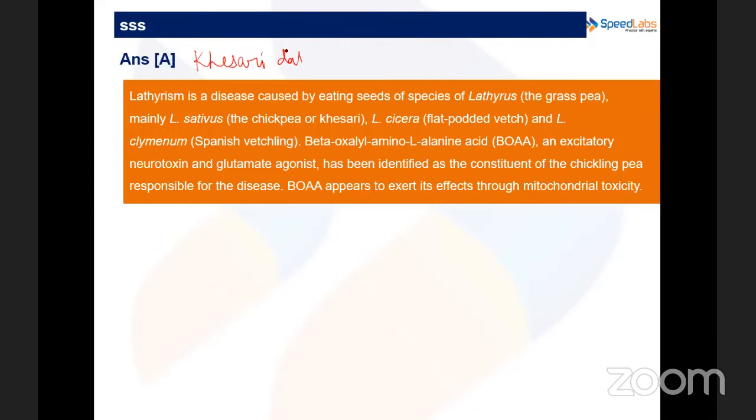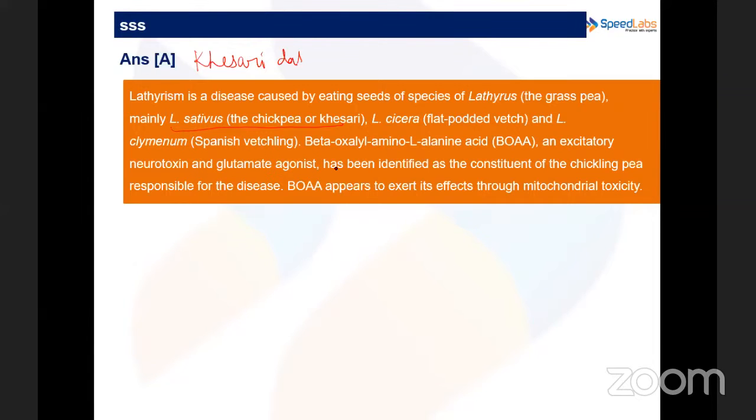How? Let's see. Lathyrism is caused by eating seeds of species of Lathyrus. What is Lathyrus? It is the grass pea. The name is Lathyrus sativus, the chickling pea or kesari. This mainly includes Lathyrus cicera, flat-podded vetch, and Lathyrus clymenum, Spanish vetchling.